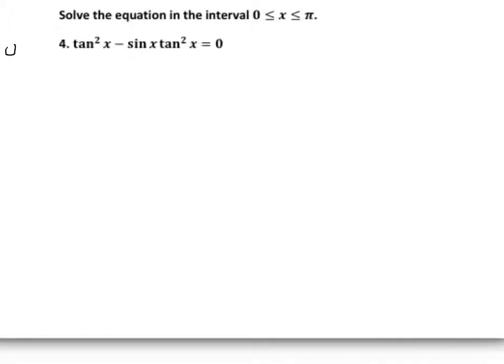This is solve the equation in the interval from 0 less than or equal to x less than or equal to pi. Okay? So see how in this one you have tangent squared and sine and tangent squared? So think about this one as x squared minus yx squared equals 0. So factor out the tangent squared.